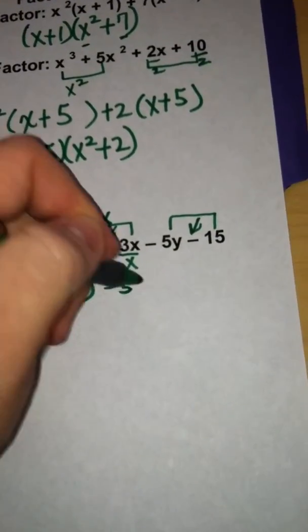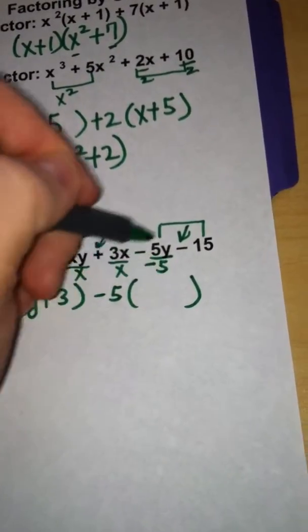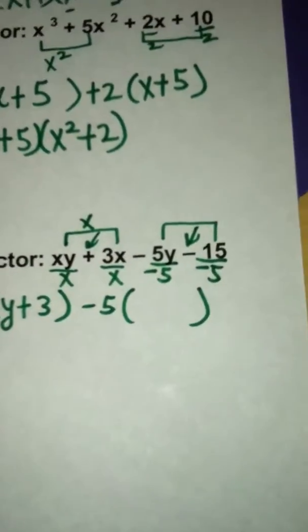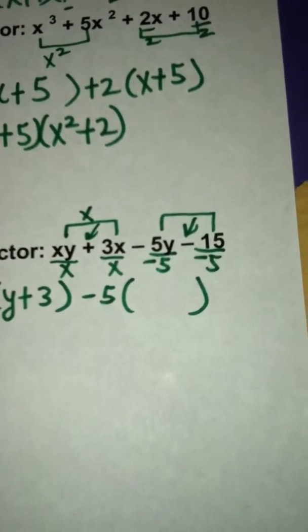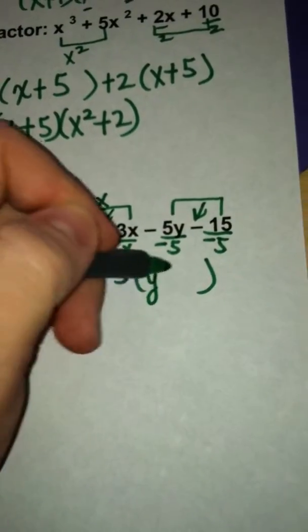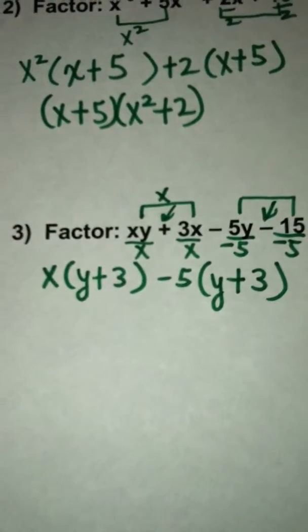Take out a negative 5. Dividing both terms by negative 5 leaves us with y plus 3.